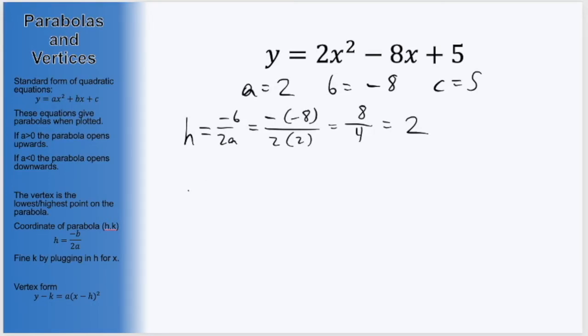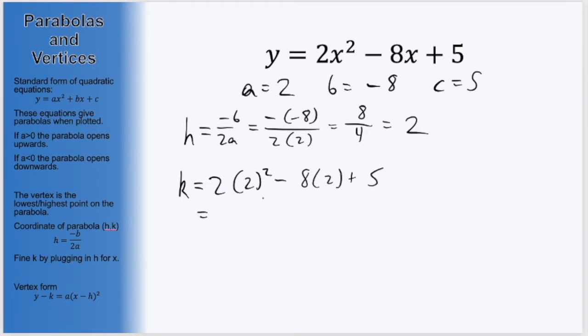If we want the y-coordinate of our vertex, the k, that will be just what we get when we plug in 2 for x. So anywhere in our equation we see an x, just replace it with 2, and we'll have this.